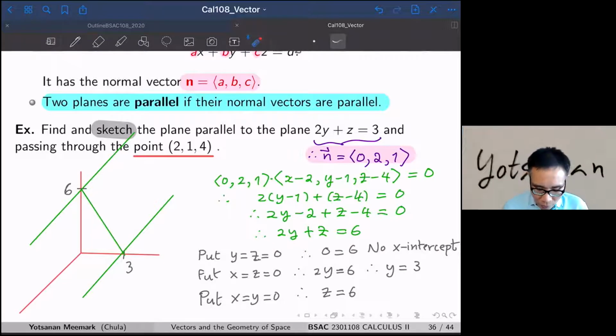This one is parallel with the x-axis because it's not going to come to the x-axis at all.